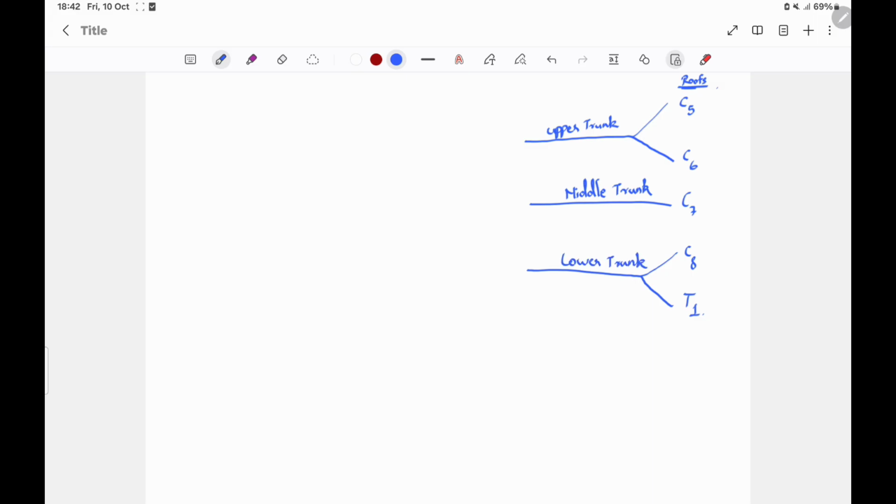Each trunk has anterior and posterior divisions.